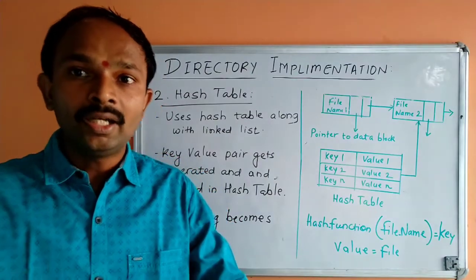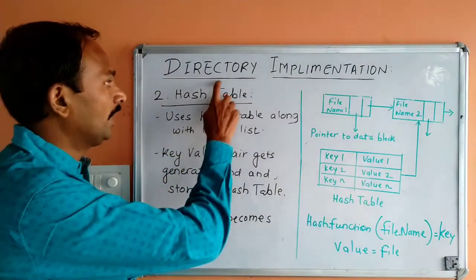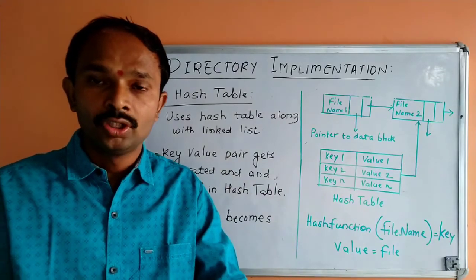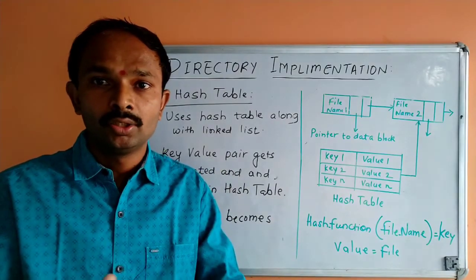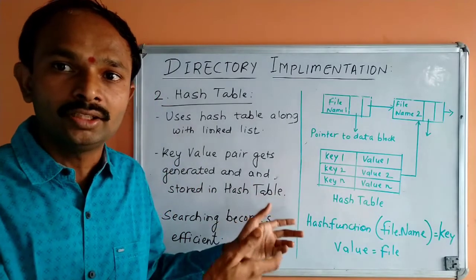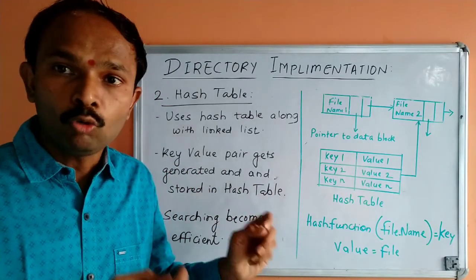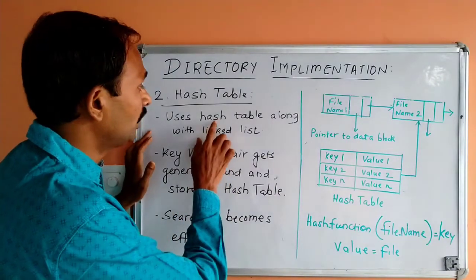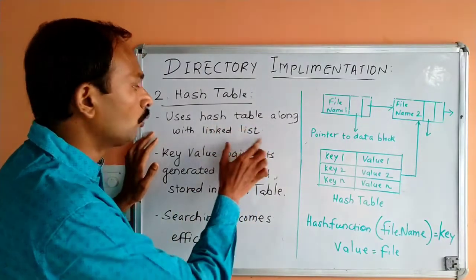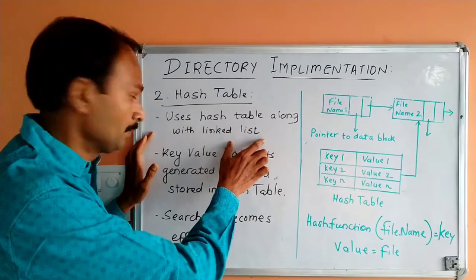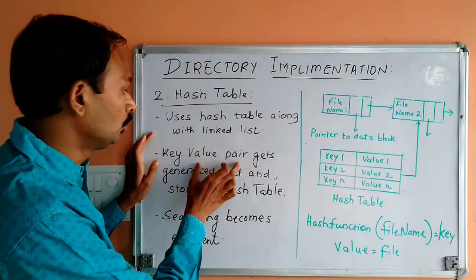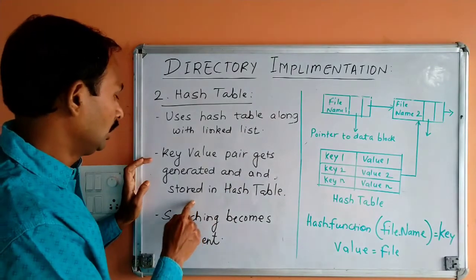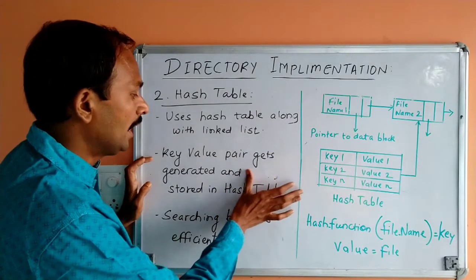So while implementing the directories, this is the better approach. Now what happens inside the hash table? It uses the hash table along with the linked list. A key value pair gets generated and is stored inside the hash table.